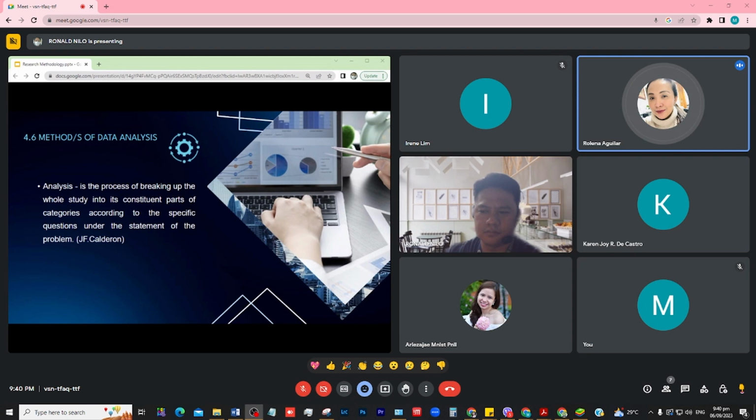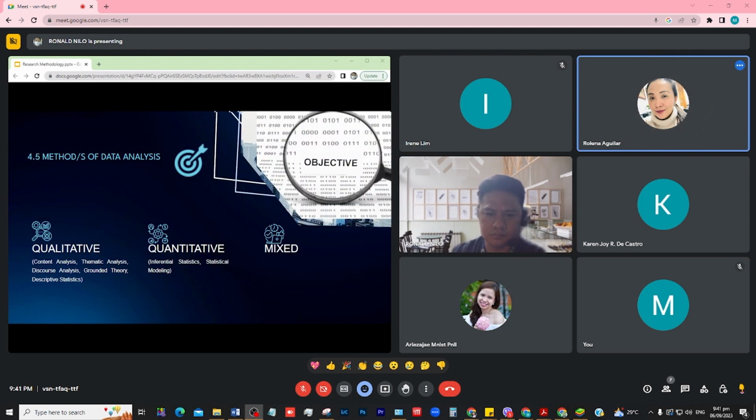The steps in data processing are the same whether one uses a quantitative or qualitative study, but what is done within each procedure is different. Raw data is cleaned or edited before being subjected to coding or classification and then analysis. Moving on, methods of data analysis can either be qualitative, quantitative, or mixed method.